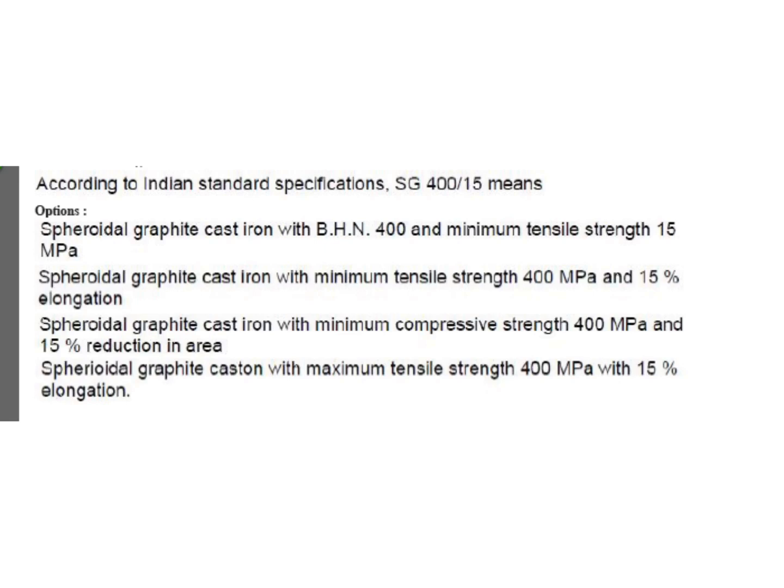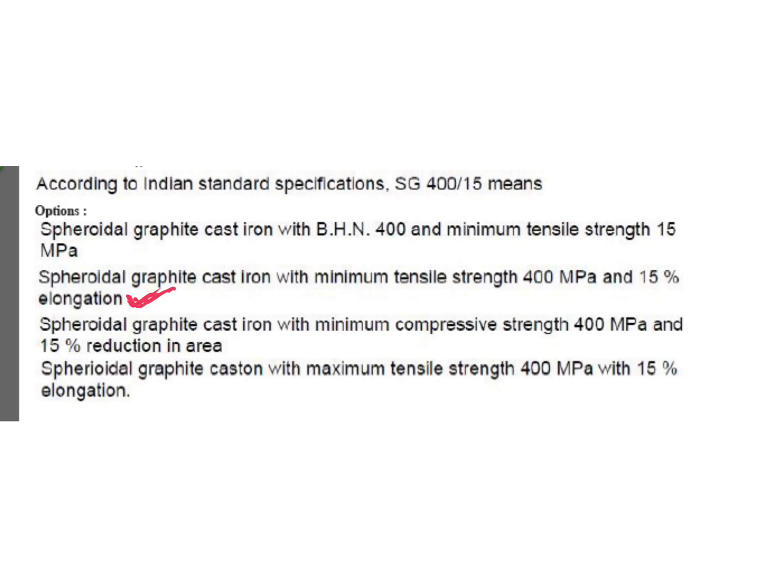From the options, all of them have spheroidal graphite with minimum tensile strength. So this is the only option which has minimum tensile strength of 400 MPa and 15% elongation. So this is the answer.